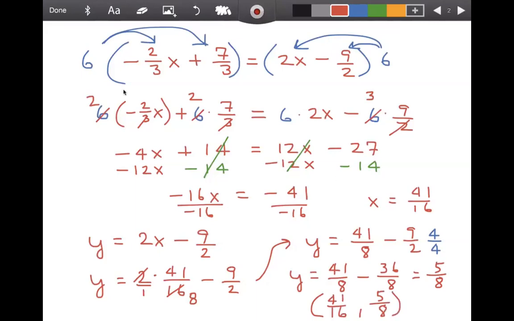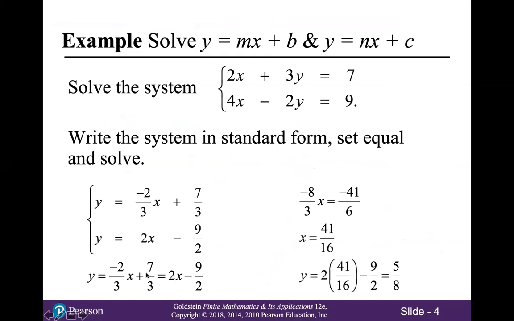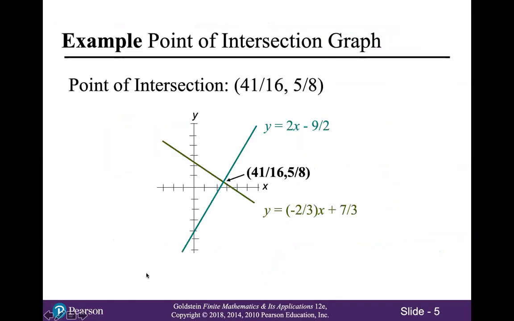And if you were to graph these two lines, you would find that the graph looks like this. So 41 over 16 is somewhere between 2 and 3. 5/8 is somewhere between 0 and 1.